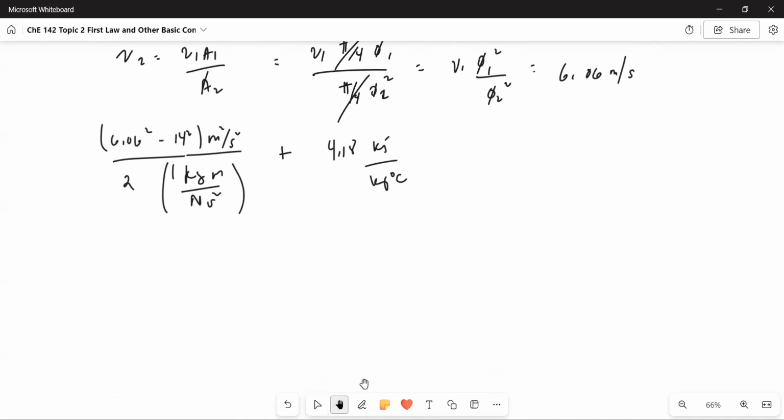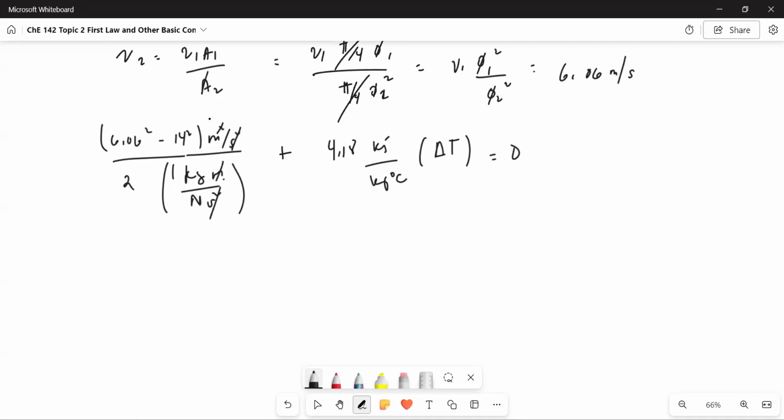So here, instead of T2 minus T1, we put delta T. Let's see if the units agree.